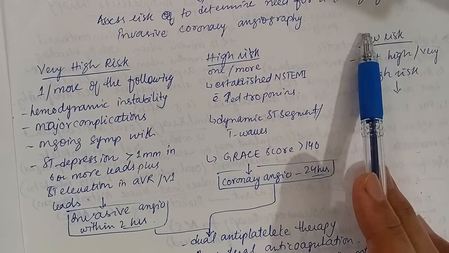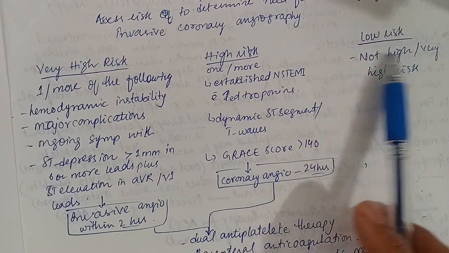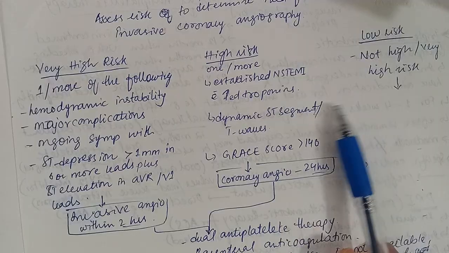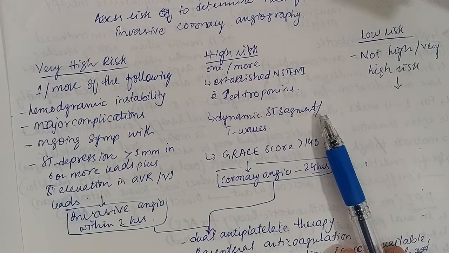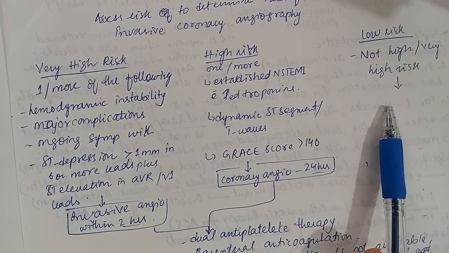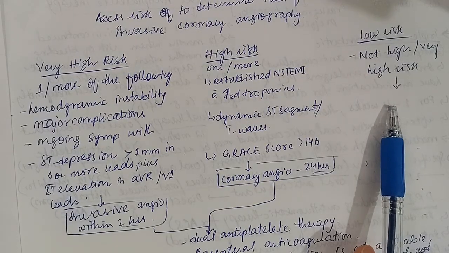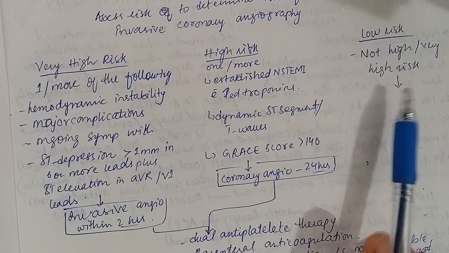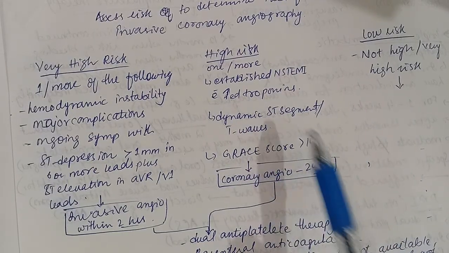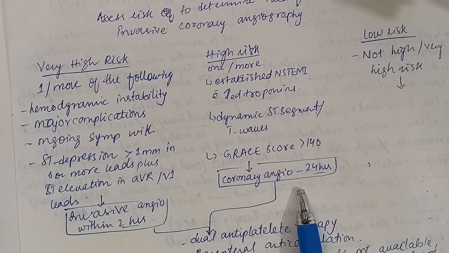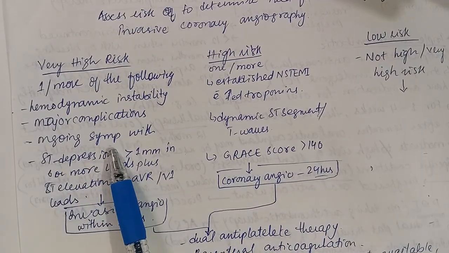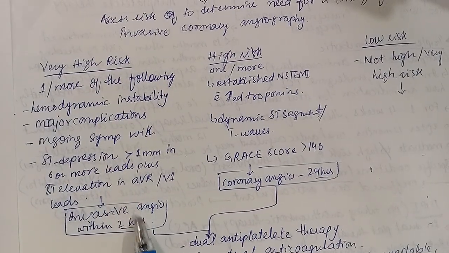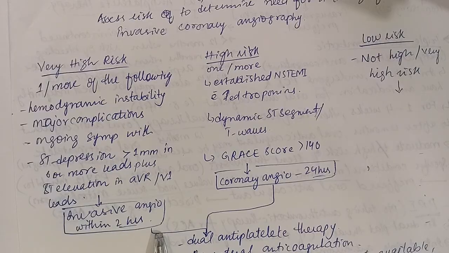And if the patient is low risk, that is not high or very high risk, we can do the invasive angiography or PCI, and make sure to do it before the patient is discharged. So it is done electively. In high risk cases, the PCI is done within 24 hours, and in very high risk, the PCI is done within 2 hours.